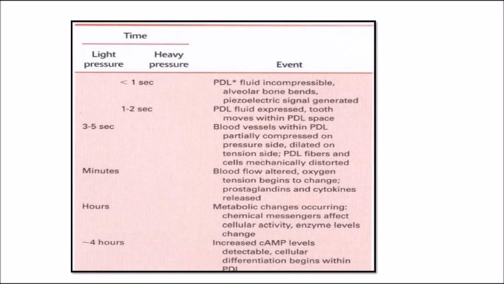When the blood flow is altered, the oxygen supply also changes and the oxygen tension changes. This change in blood flow and oxygen supply causes the release of chemicals, prostaglandins and cytokines.